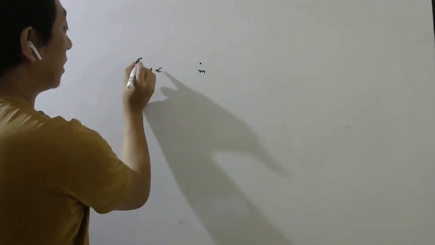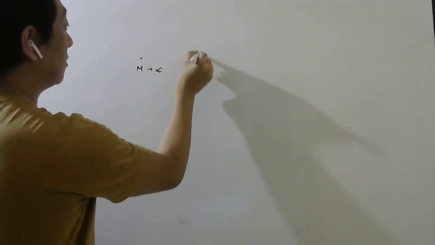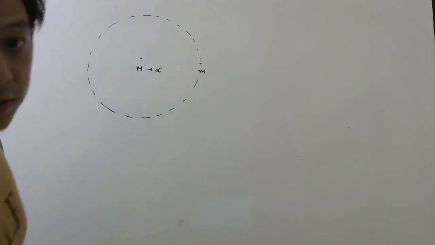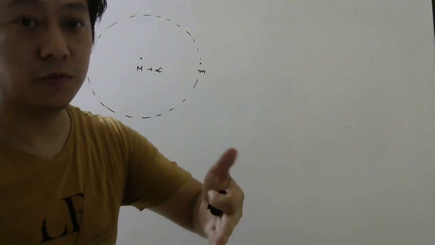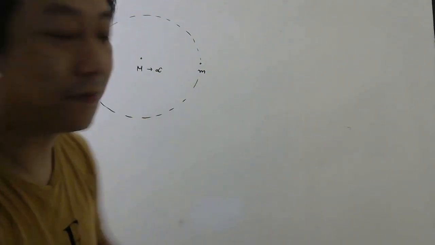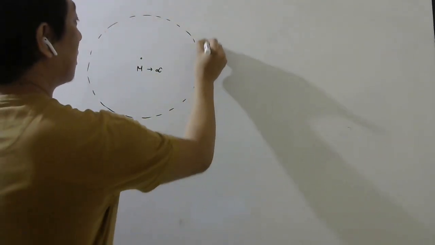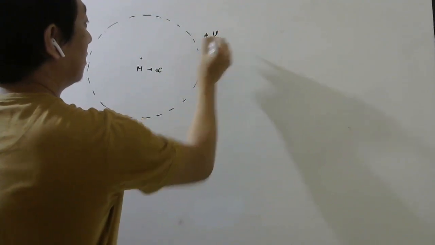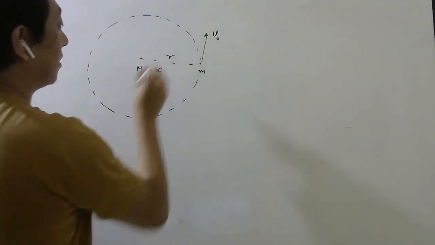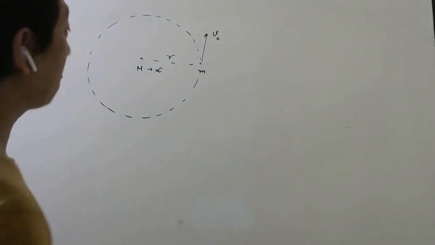So then we can say this will stay at rest and this will revolve around it. That is the one that we use for planets and for satellites and all. So now it is very easy to find the velocity, which is called orbital velocity. So this distance is, let's say, small r, which is the radius of the orbit.